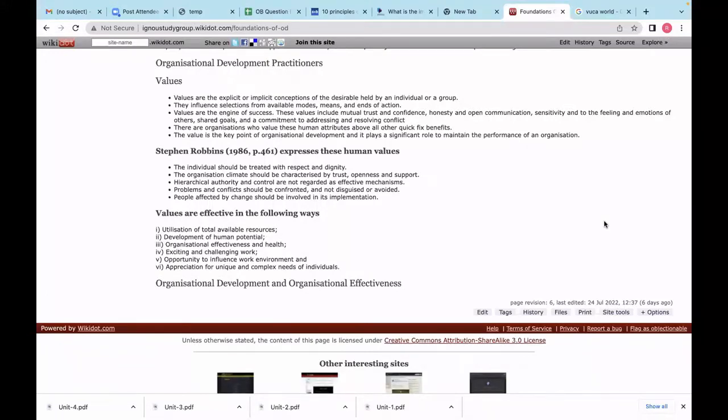Similarly, OD is also about changing the culture using behavior management. So values play a critical part. The one who is implementing OD needs to be aware of the values. So what are values? Values are conceptions held by an individual or by a group.